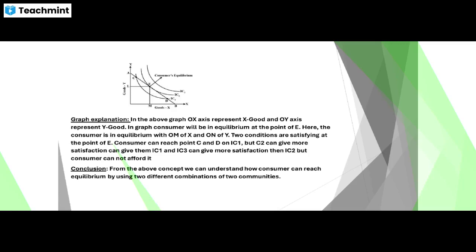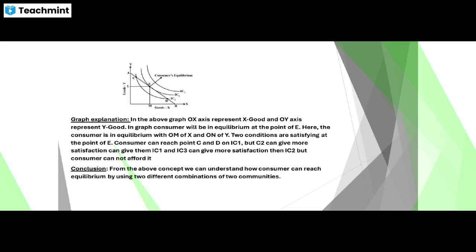In another simple way, we can understand here the consumer has three different indifference curves. Obviously, the first indifference curve will give less satisfaction, the second will give more than the first, and the third one will give more than the second. Here, the consumer can reach the first and second indifference curves, but the first one will give less satisfaction than the second one.